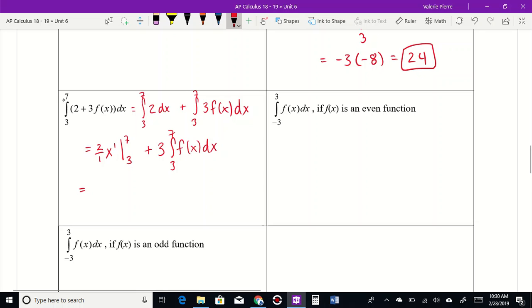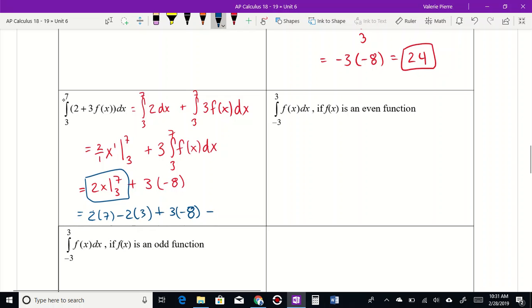So we'll have 2x from 3 to 7 plus 3 times negative 8. And here we're going to use FTOC. So we need 2 times 7 minus 2 times 3 plus 3 times negative 8, which will give us, in the end, negative 16.